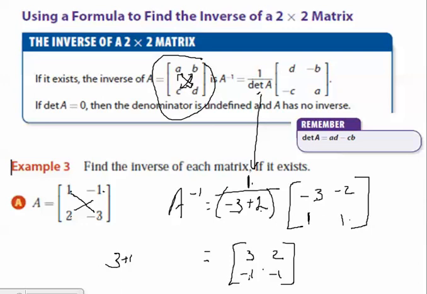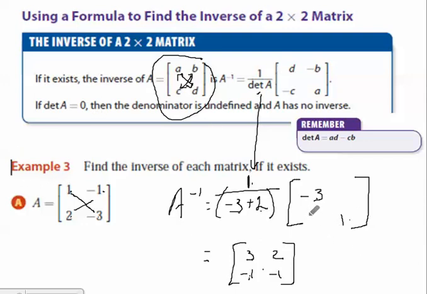Backing up here a little bit. That's wrong. And those are wrong. Okay? All we do is make those negative. You don't swap them.